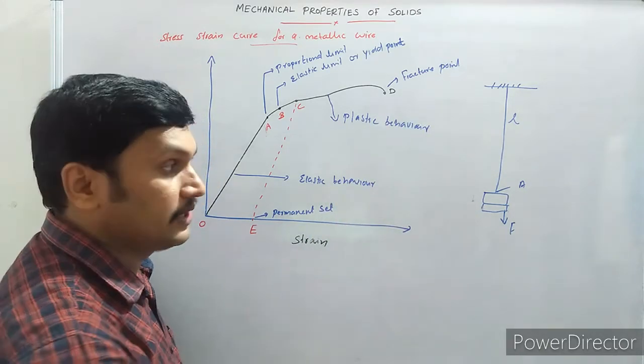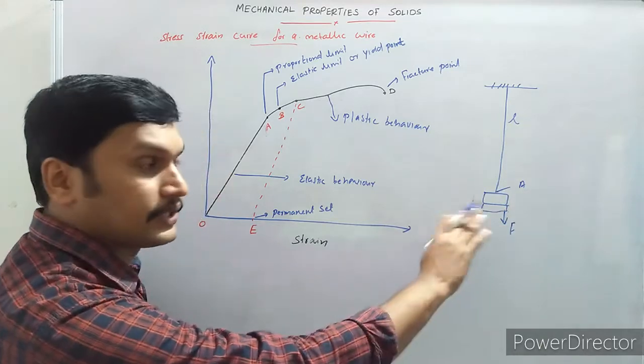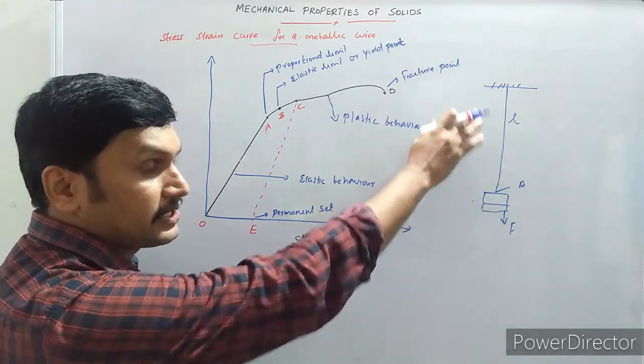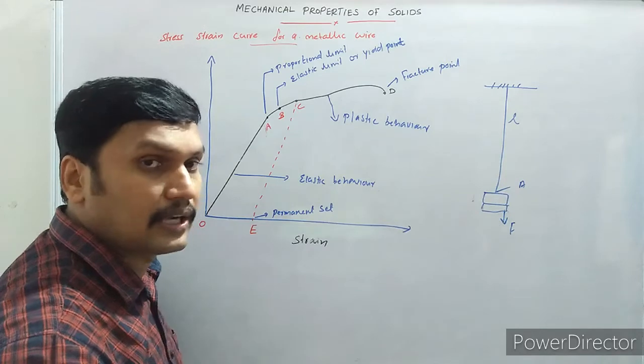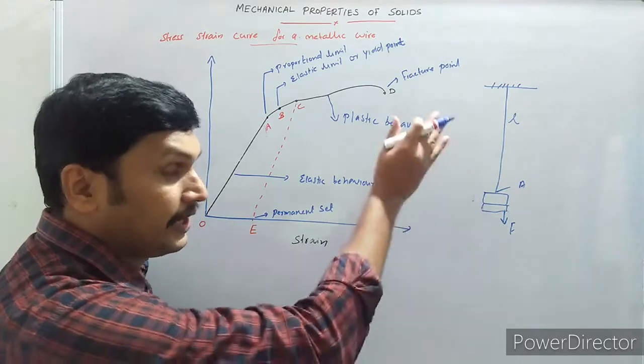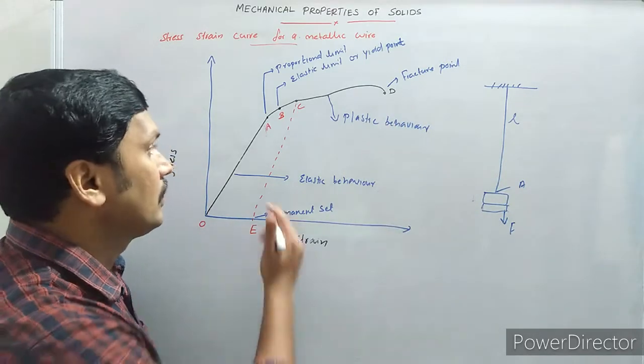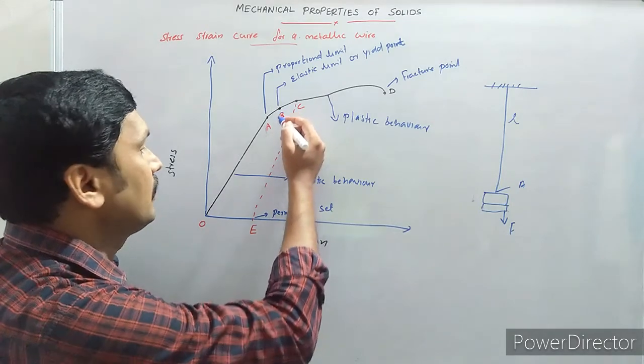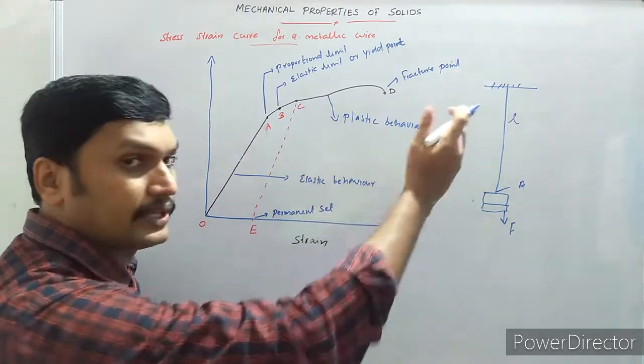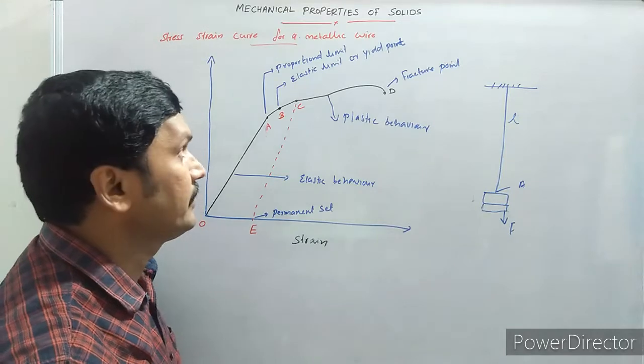Removing the stress means we are removing the weight. Once we remove the weight, the string regains its original length. So up to the point B, our string is showing elastic behavior.